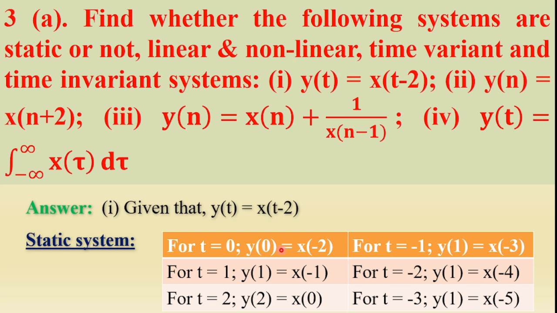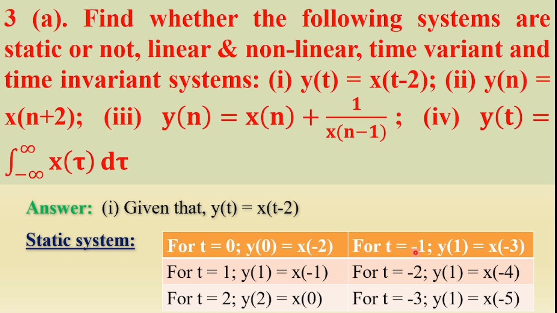If the output at any time depends only on present samples, but not on past and future. Here the output of the system depends on past values of the input, hence the given system is dynamic system.